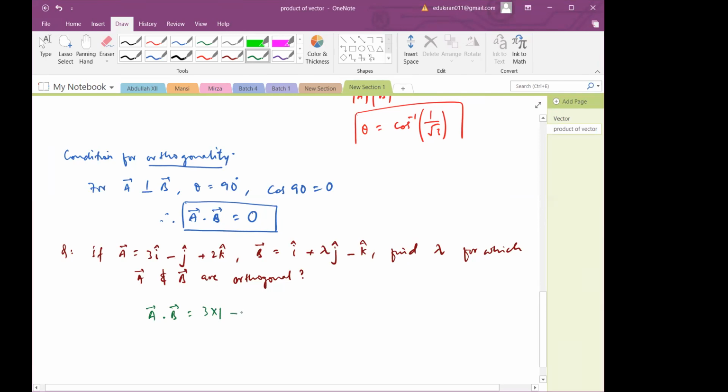AY is -1 and BY is lambda. AZ is 2, BZ is -1. And since we have to define the orthogonality condition, which means the dot product of this would be 0. Now simplify it.